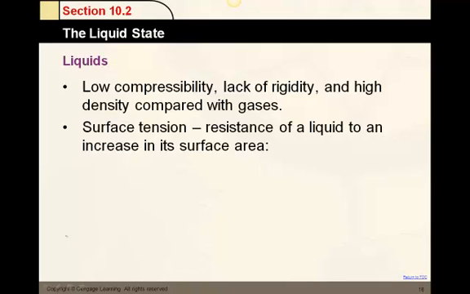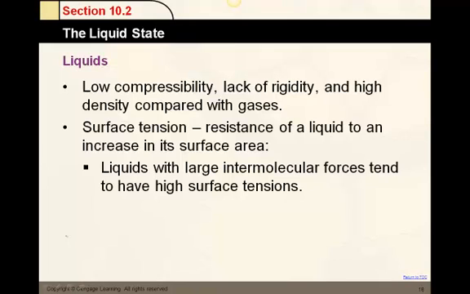And molecules that have hydrogen bonding, like water, will be substances that can hold on to their shape better. Liquids with large intermolecular forces tend to have high surface tensions. That's why you can float things on top of the surface of water. You can take little pieces of paper and things like that, and they will float on the surface of water. Or a needle, something like that, or a paper clip. You can actually float those on for a bit of time.